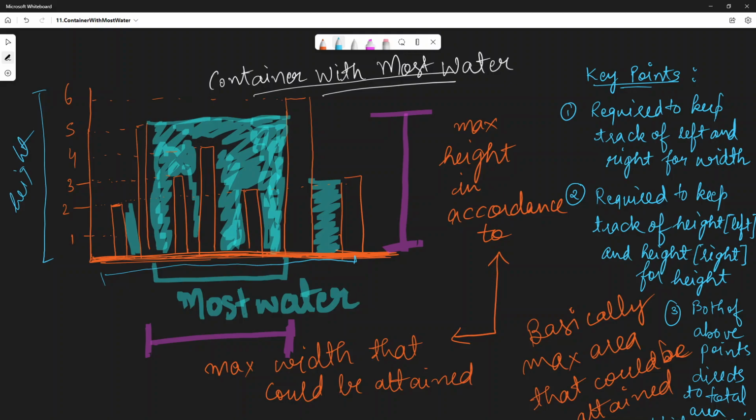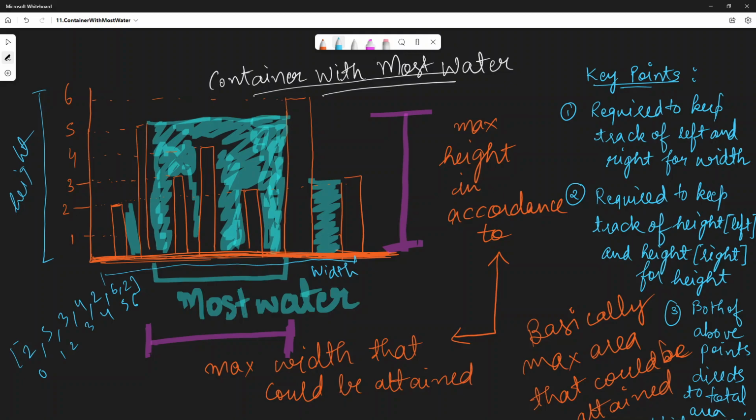The array was representing this: 2, then 5, then 3, then 4, then 2, then 6, and at the end 3. The indices are 0, 1, 2, 3, 4, 5, 6, so 7 vertical lines, 7 heights.